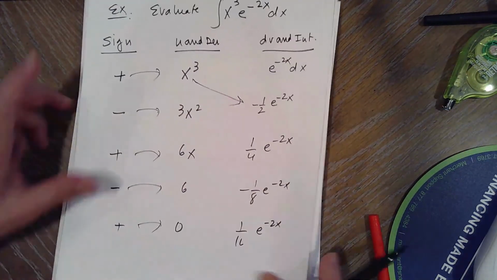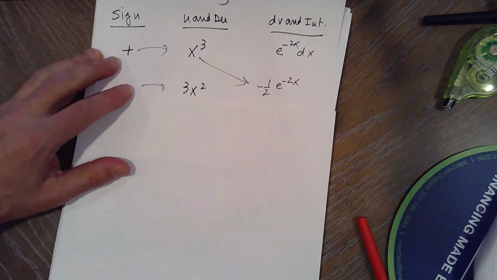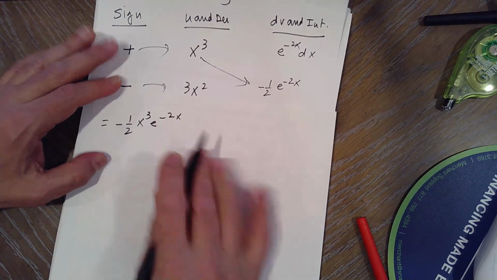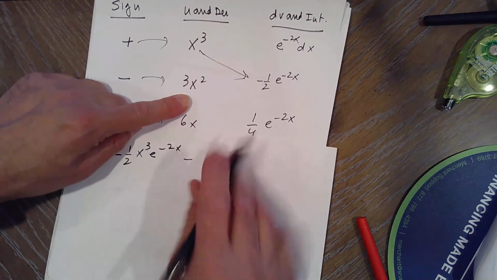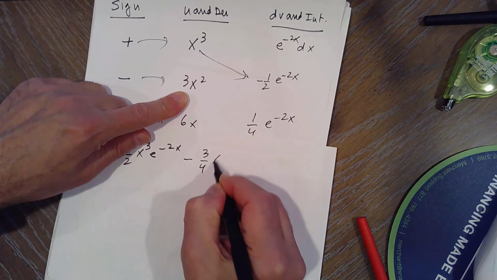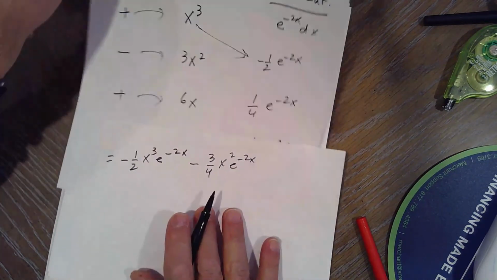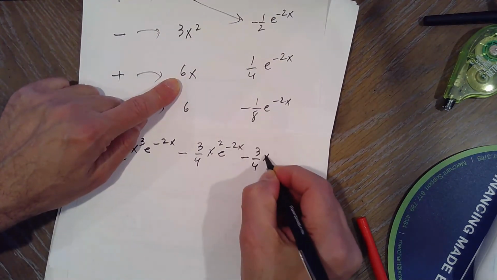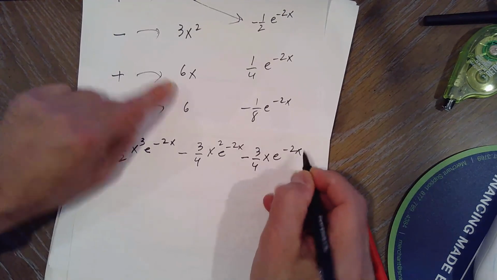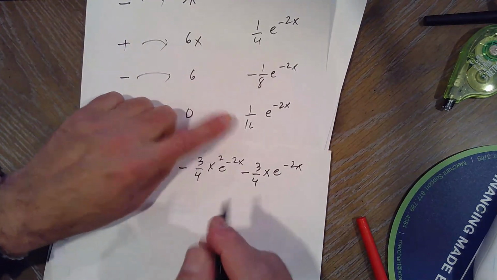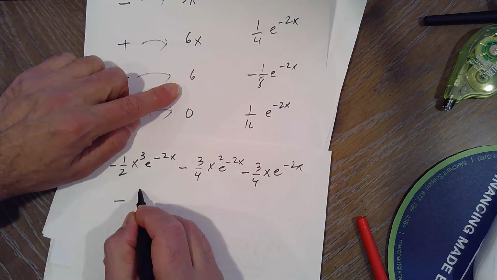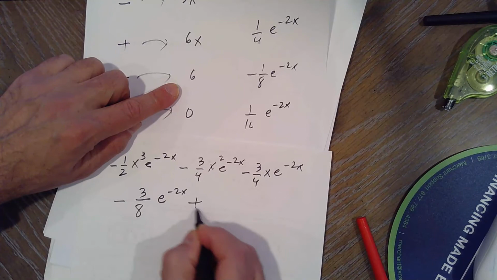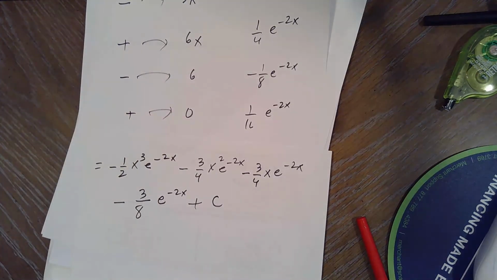So you go x cubed times negative 1/2, which is negative 1/2 x cubed e to the negative 2x, minus 3x squared times 1 over 4, so minus 3 over 4 x squared e to the negative 2x, plus 6x times negative 1/8 is negative 3 over 4 x e to the negative 2x, minus 6 times 1 over 16 is minus 3 over 8 e to the negative 2x, and always plus a constant.